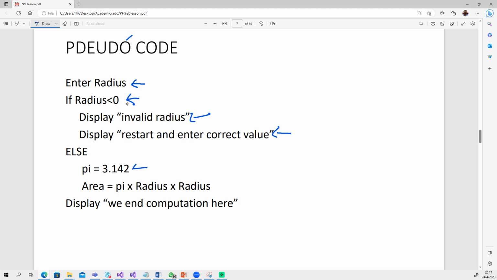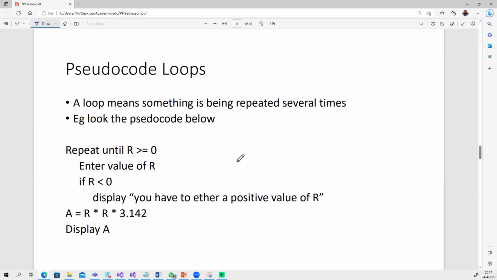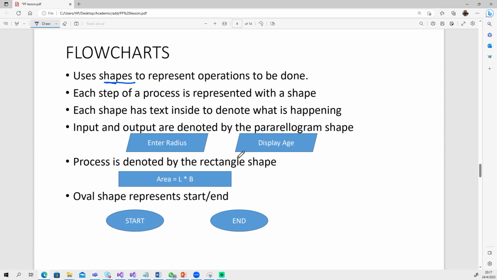This will be a shape on its own, and this will also be a shape, and this one also a shape on its own. Every step or every activity in the pseudocode is going to have a corresponding shape. That's the point we're making on bullet point number 2 here.